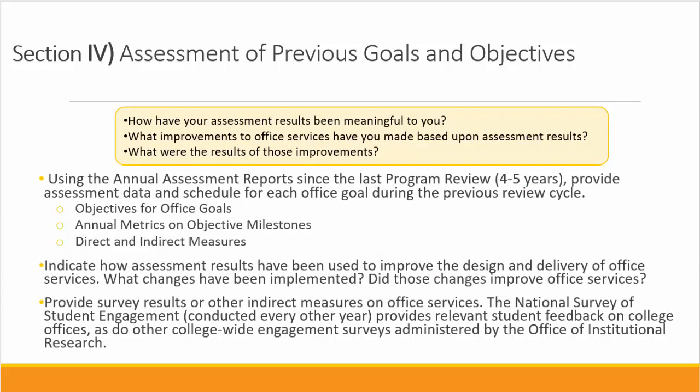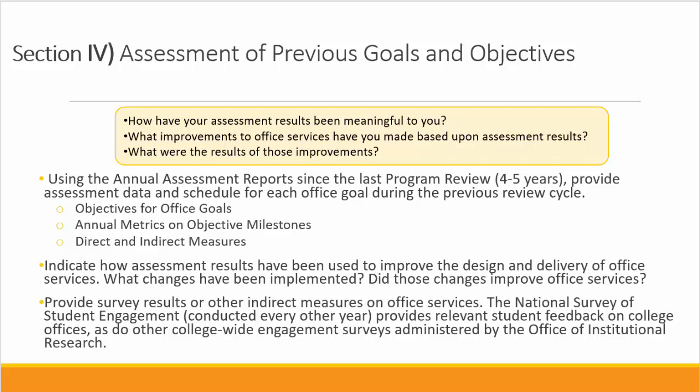So annual assessment reports should include data and a schedule for each office goal during the previous review cycle. Those you should have been mapping out: the objectives for the office and then any annual metrics. So say, for instance, we wanted to improve the number of students using a particular service, right?